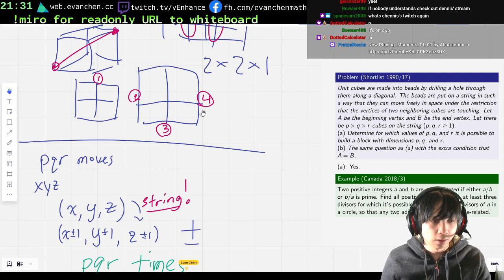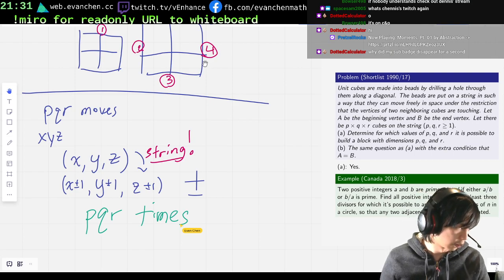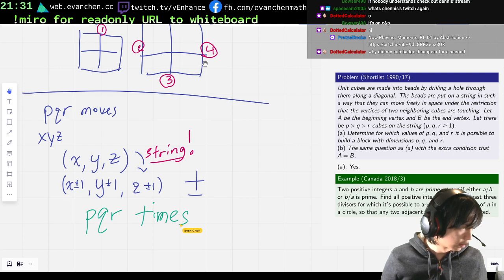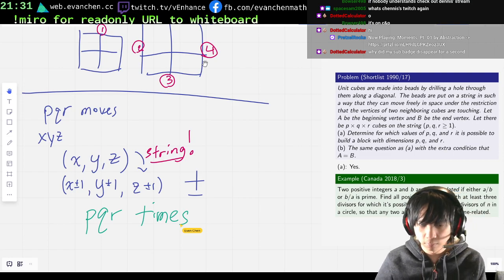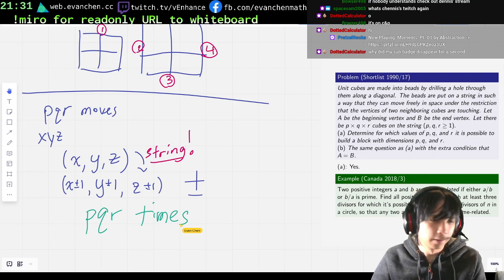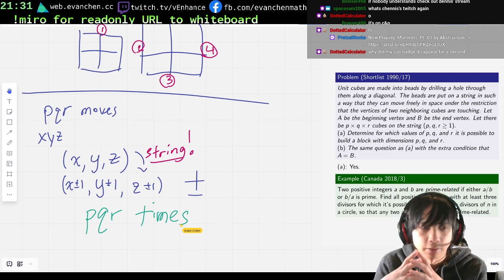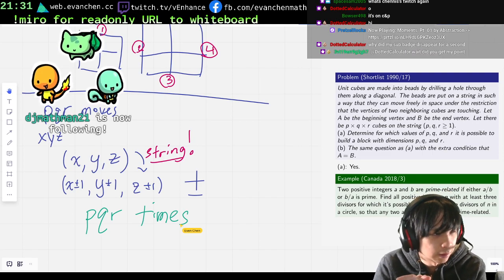If PQR is odd, then, yeah, something. So it probably should just work for PQR even because I have an orthogonal thing, but I need to think a little bit about it because I care about the string.